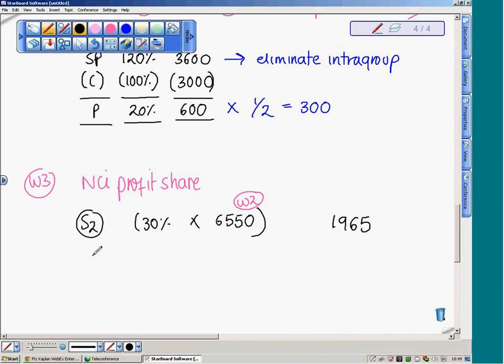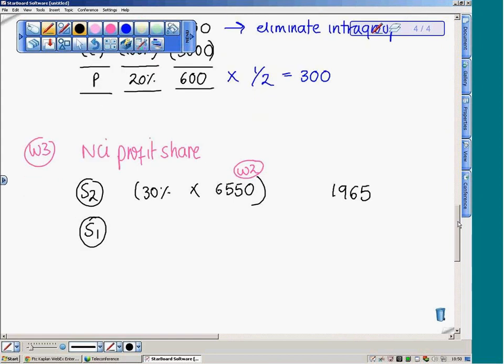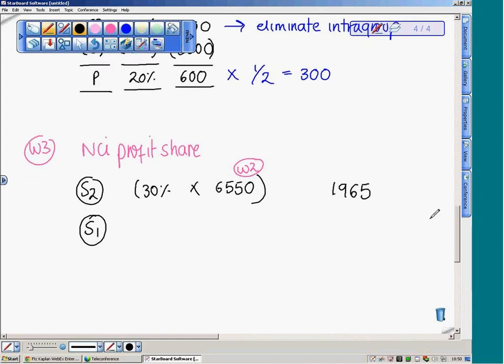In addition to that, what you must remember is that the rest, subsidiary 1, although you disposed of it, the prior year you did have control in that entity, and you are going to be showing a profit or loss on discontinued operations for this entity. So you need to think about the profit that belongs to the NCI for the part of the year that you are including its numbers.